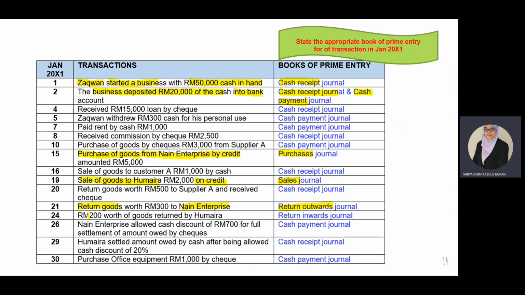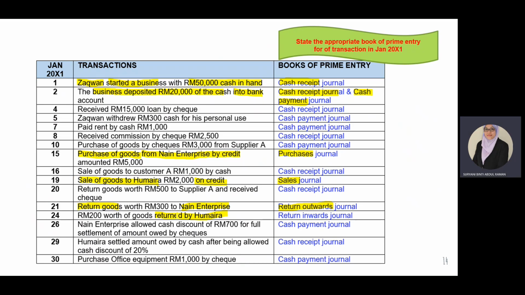Next, on 24th, 200 ringgit worth of goods returned by Humaira. So this time, we have returned from our customer, and our customer is Humaira. Who is Humaira? Humaira is our accounts receivable because on 19th of January, she bought good on credit from us.